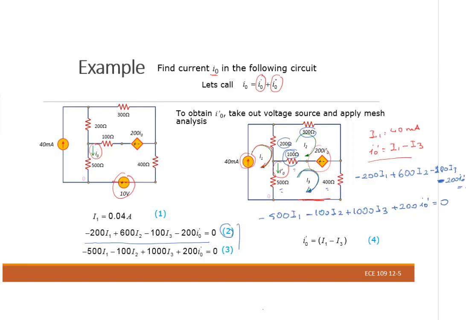So basically we have two equations and two unknowns, because we know I1 and we need to find I2 and I3. Actually, we need to find I3 for our case to find I0 prime.